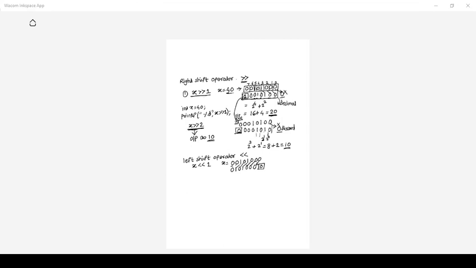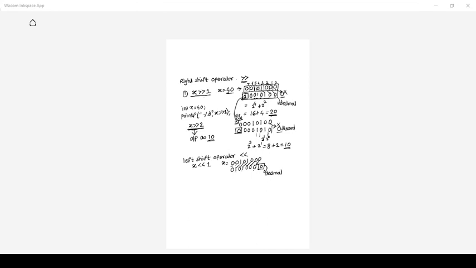Now I just want to convert this number into a decimal number. Okay, so here you can see that this is 2 raised to 0, 2 raised to 1, 2 raised to 2. So from here we are just counting 0, 1, 2, 3, 4, 5, 6.